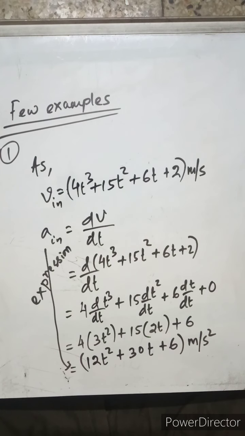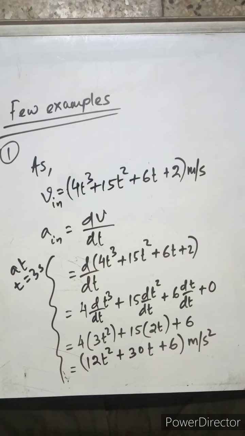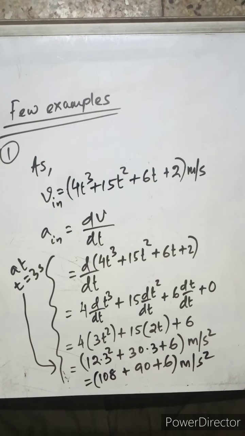So now we have the expression for instantaneous acceleration, that is 12t square plus 30t plus 6 meters per second square. Now at t is equal to 3 seconds, we substitute the value for t: 12 times 3 square plus 30 times 3 plus 6 remains as such. So 108 plus 90 plus 6 equates to 204 meters per second square.